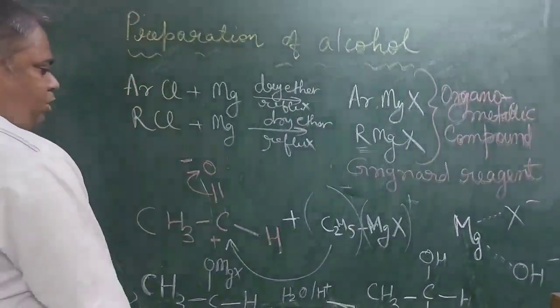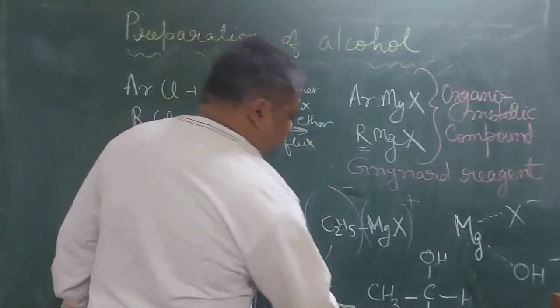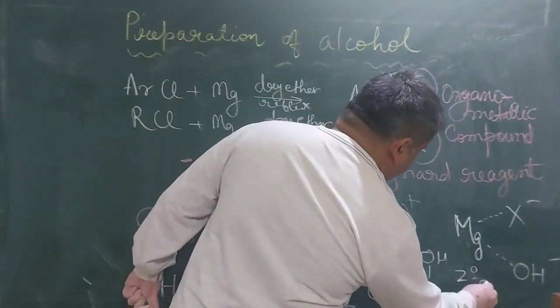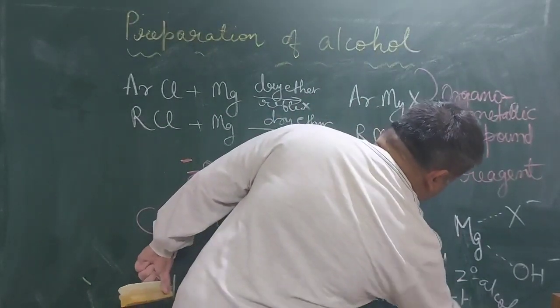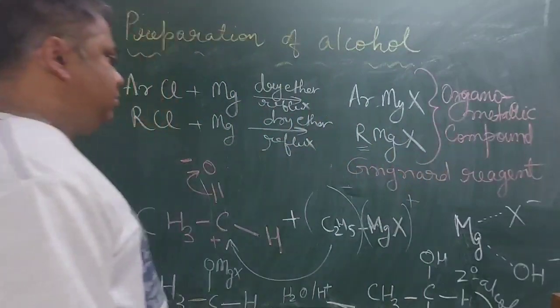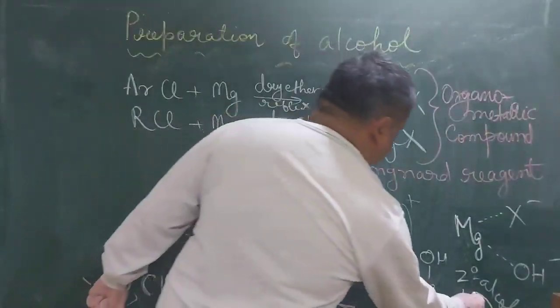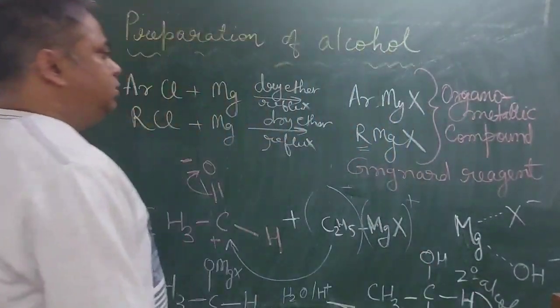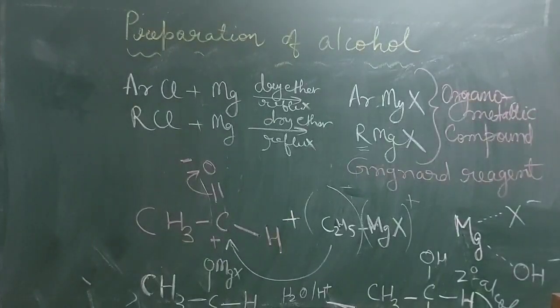So again, what is formed? Secondary alcohol is formed. So these are the ways in which you can prepare alcohol.